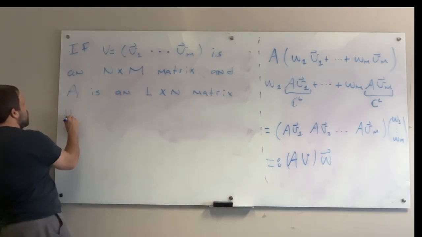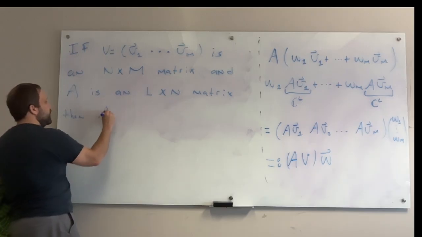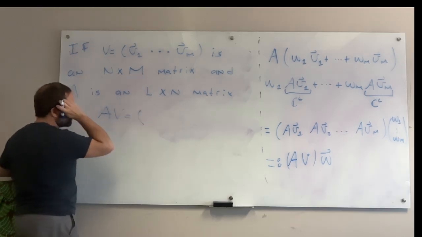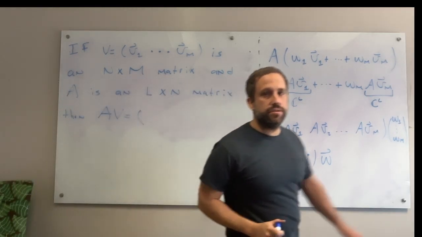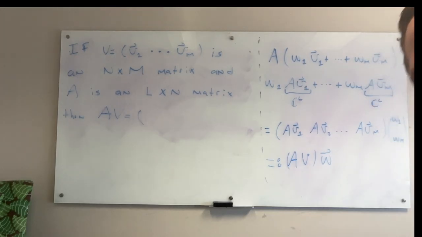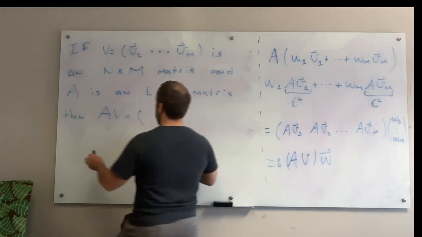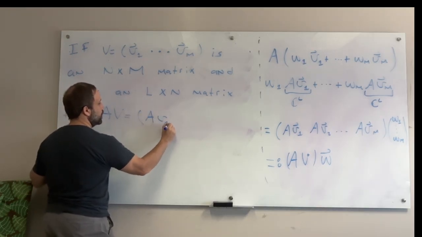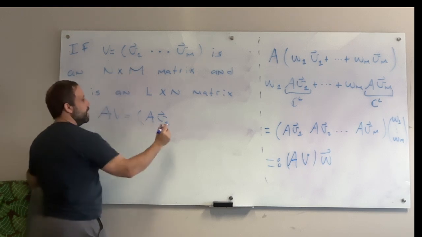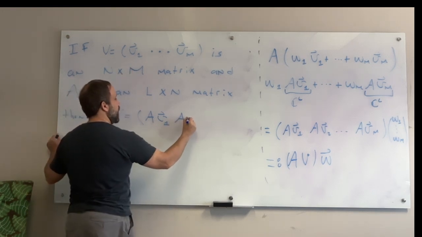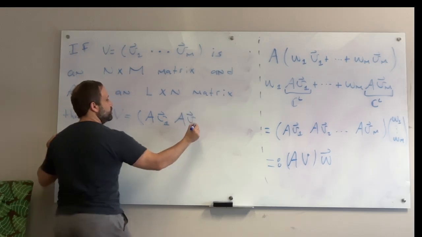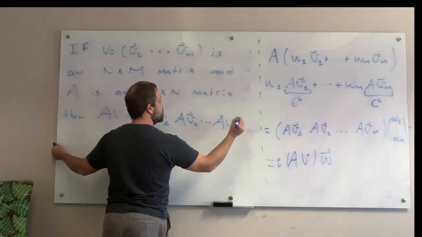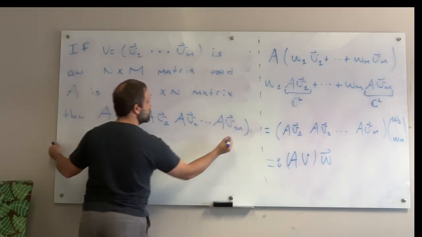then the product A times V, the first column of this is going to be A times V1. The second column is going to be A times V2, and then all the way up to A times Vm like this.